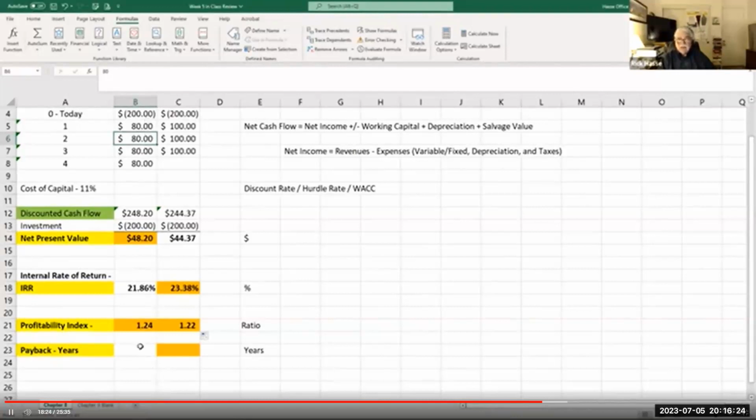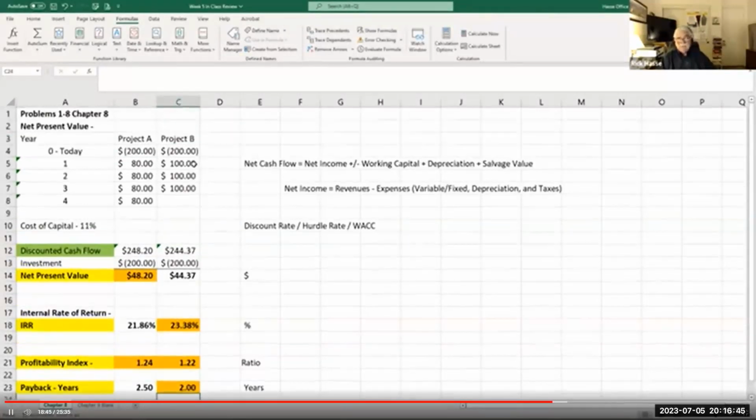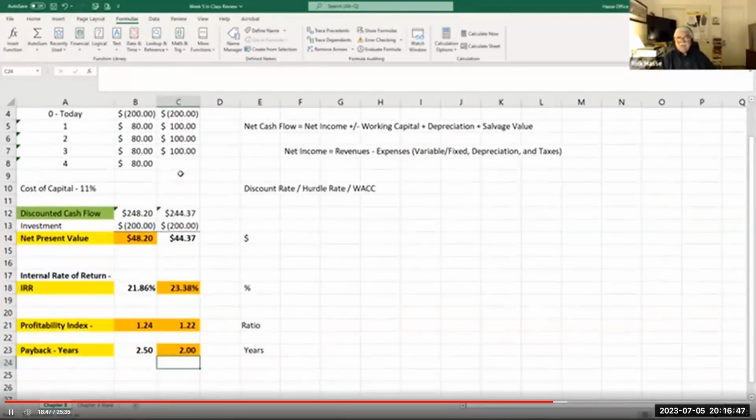So 2.5 years. Project B is a little simpler. It's taking us exactly 2 years to pay it back, not 2.5 years like project A. So in terms of payback, naturally project B is the more attractive one because we're getting the money quicker in 2 years instead of 2.5 years.